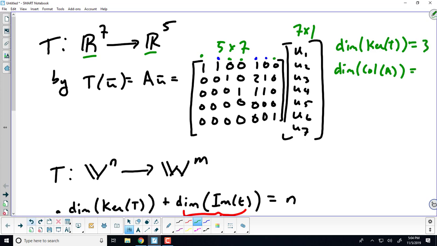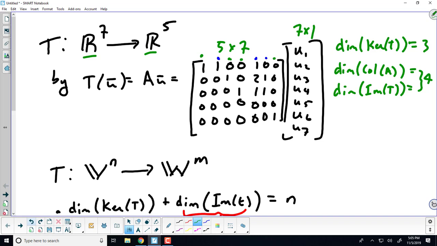And the dimension of the column space, or another way of saying that, the dimension of the image of T, is in both these cases 4, the number of pivot columns we have. Any questions on that?